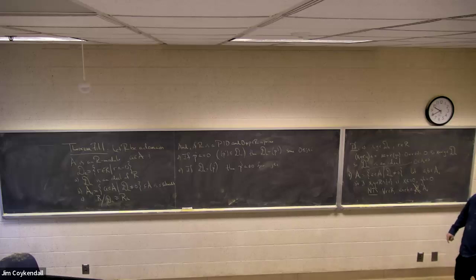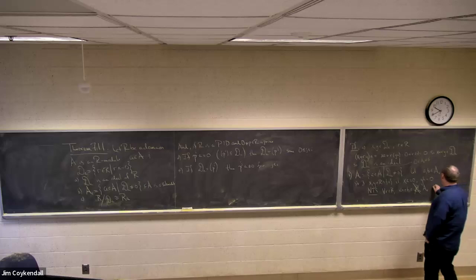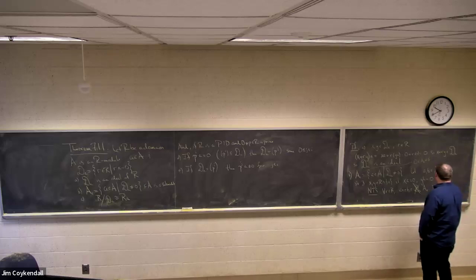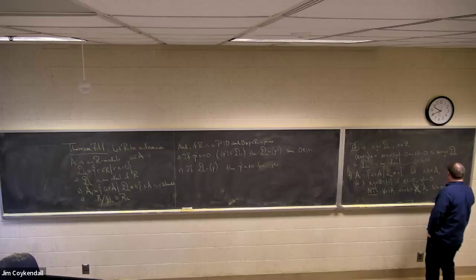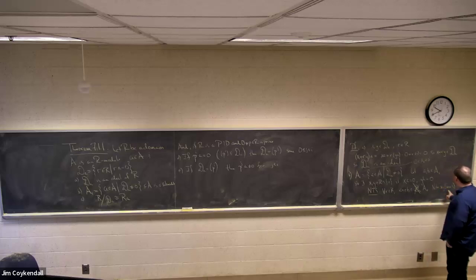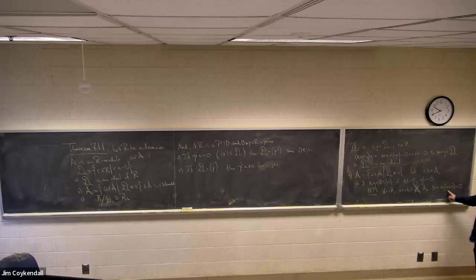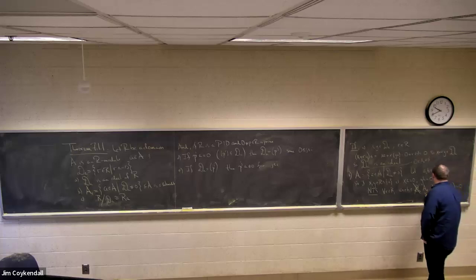Candidates? xy. Do I agree with this? And there's something else that I really need to state at this point. Since we're in a domain, xy is not equal to 0.